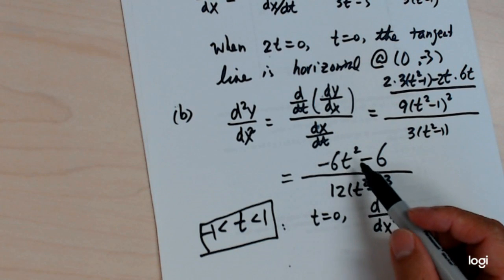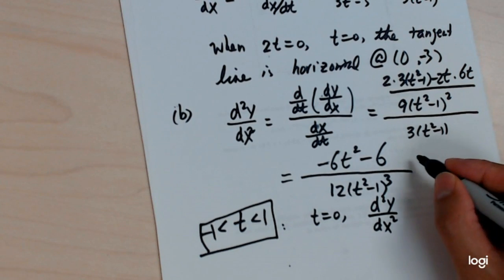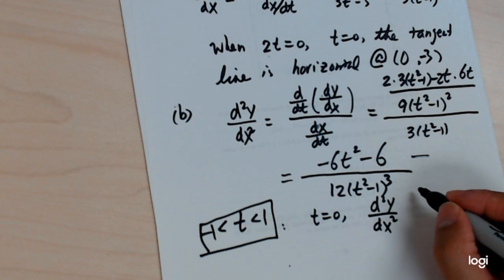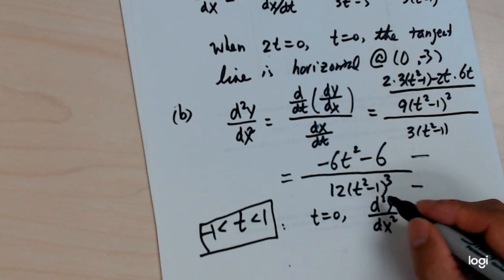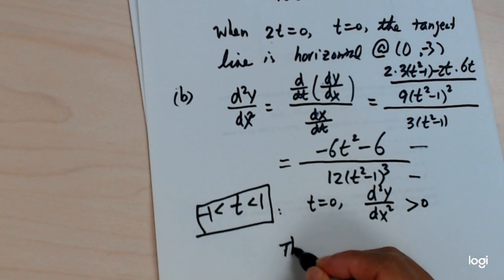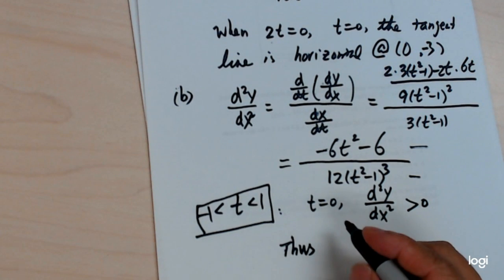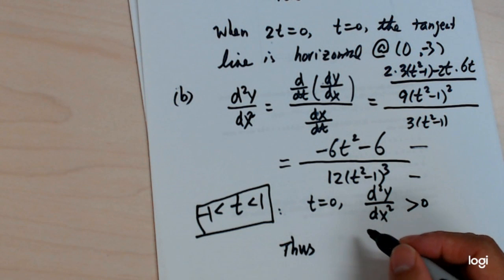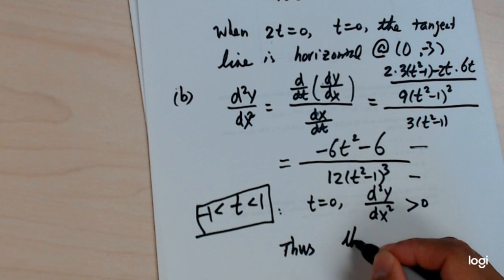The top is obviously always negative. The denominator is going to be negative as well when t is 0. So that makes this positive. Thus, the conclusion is it is concave up. The curve is concave up.